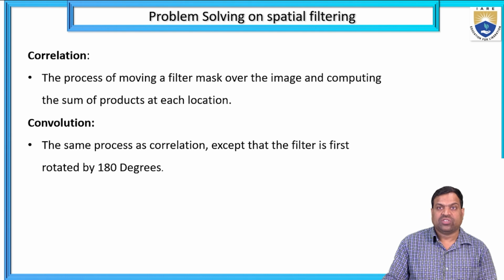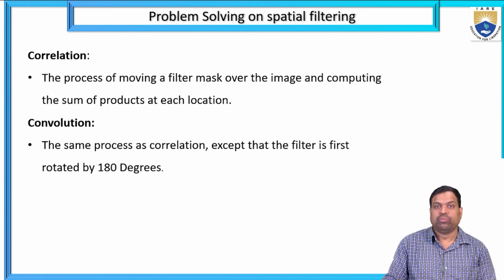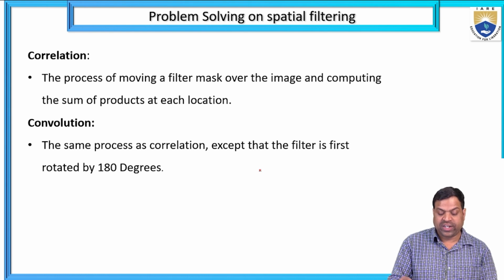Correlation is the process of moving a filter mask over the image and computing the sum of products at each location. Convolution is the same process as correlation, except the filter is first rotated by 180 degrees.